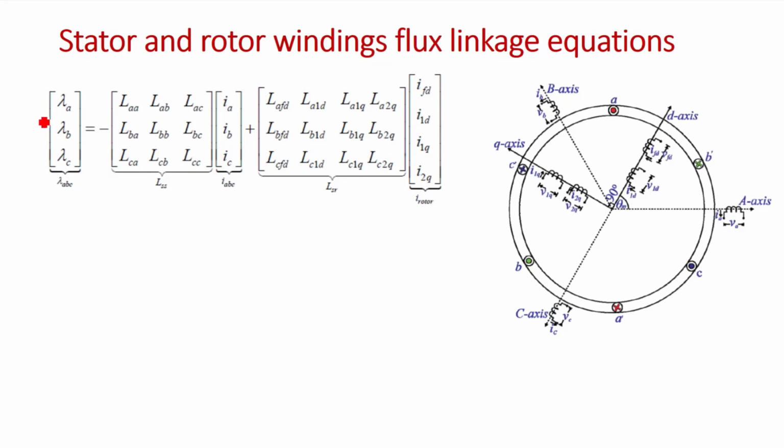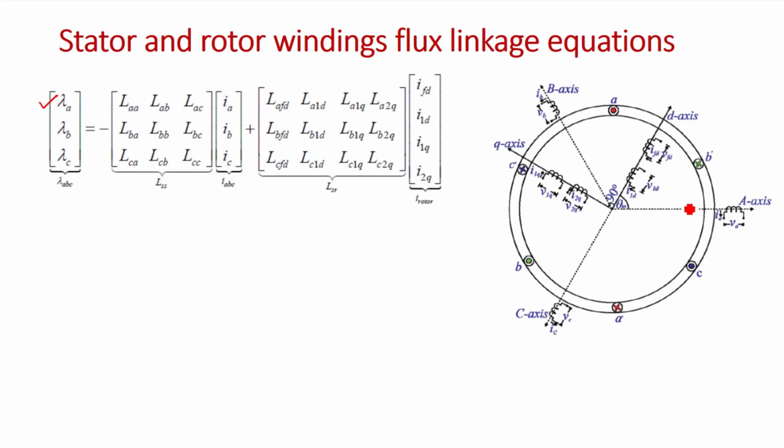So first I am considering flux linkage in the phase winding A. That will be because of IA, IB, and IC, and similarly because of IFD, I1D, I1Q, and I2Q. Considering the inductances, the flux linkage because of phase A itself, I can write LAA IA.